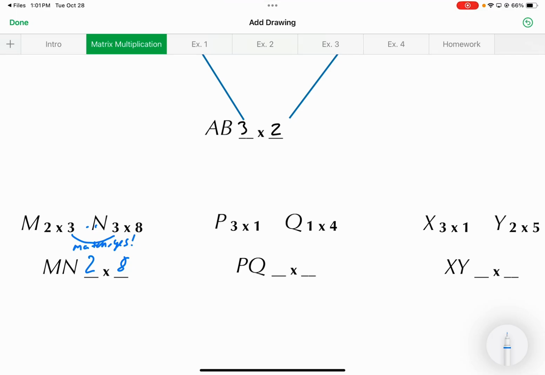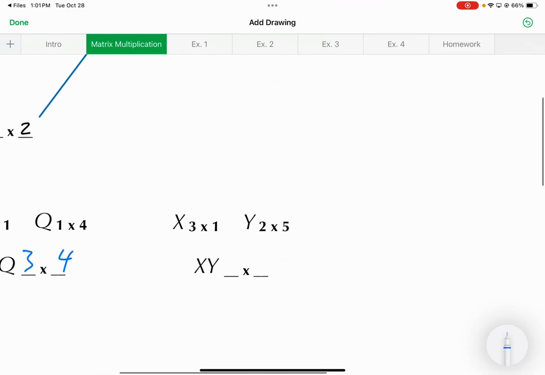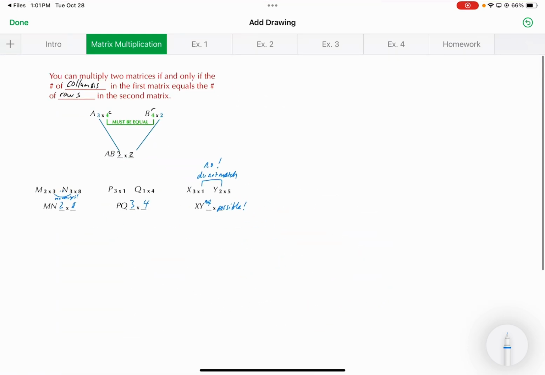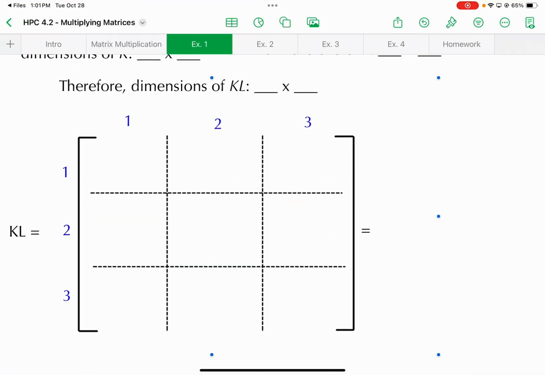Can I multiply those? Sure can. What are the resulting dimensions? Very good. Last but not least, can I do a 3 by 1 by a 2 by 5? No. My inner dimensions do not match. Not possible. All right, cool. Questions there? Hopefully a bit of a review.